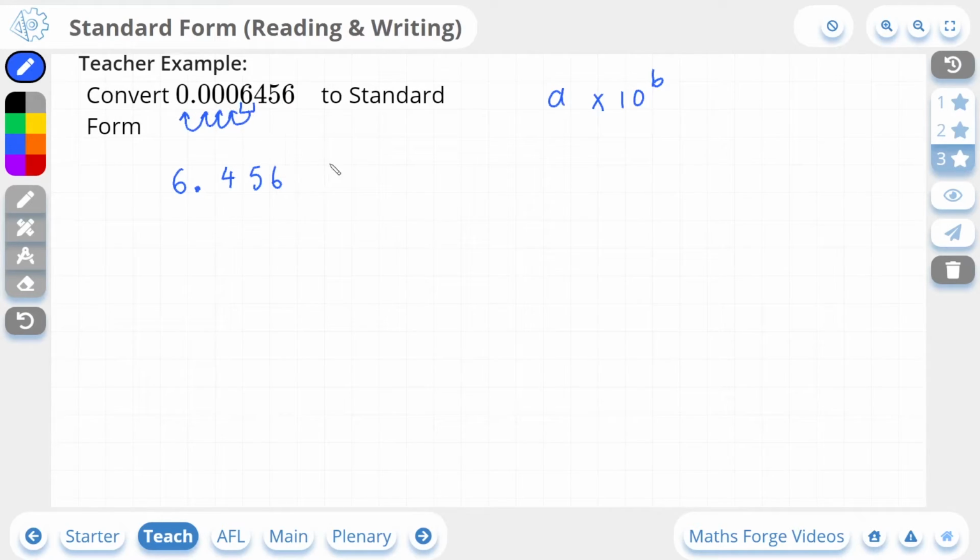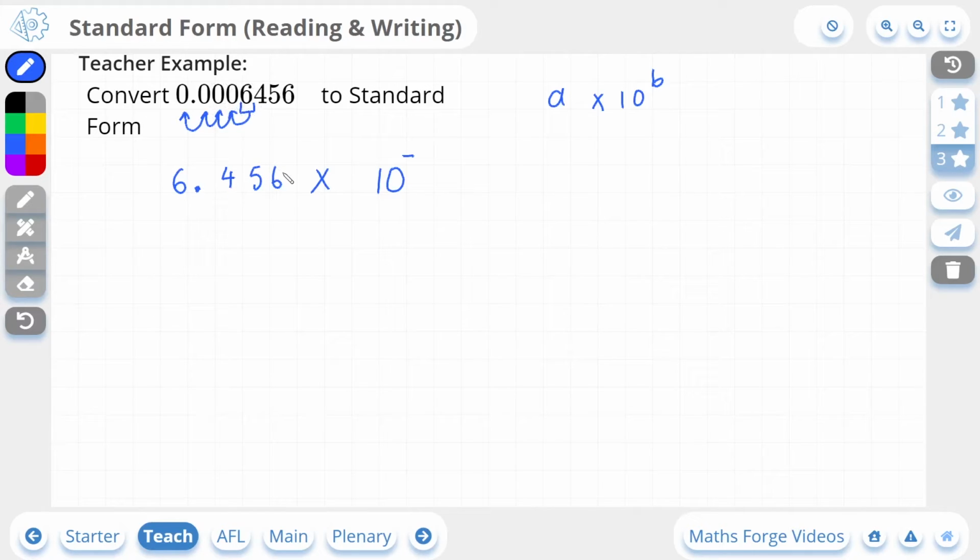So because the original value is much smaller, we're going to take this modified value that we've just written and multiply it by 10 to the power of a negative index. And the reason we've written a negative value is because this 6.456 was originally much smaller. So we want to try and maintain the value of the whole number to this original value here.